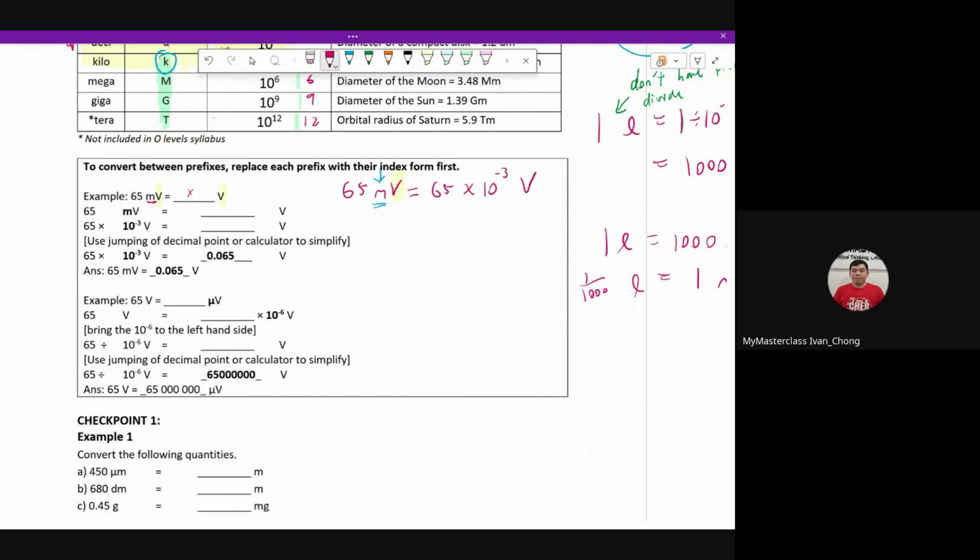The volts will just be as it is. So this is the same as your letter M. You just press this in your calculator: 0.065 volts. For those who don't have a calculator, your decimal place is here, you jump 3 times: 1, 2, 3. So it's 0.065.